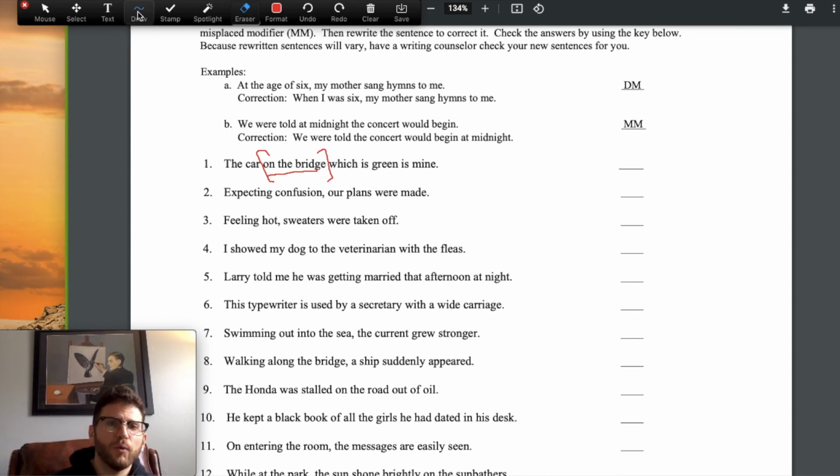So how would we fix this? Okay, what could we do? You might be thinking, couldn't we just get rid of "which is" and just say "the green car"? We could do that. That would probably be an easier fix. But let's keep it exactly the way it is.